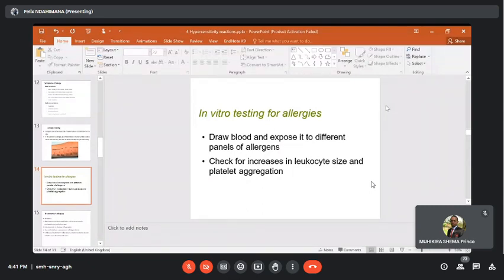So if they're doing this test, they will be checking whether these white blood cells are increasing in size or if platelets are aggregating. If platelets are aggregating and leukocytes are increasing in size, which means they will probably burst, that will indicate a positive test. But for a negative one, the leukocyte won't increase in size and the platelets won't aggregate.